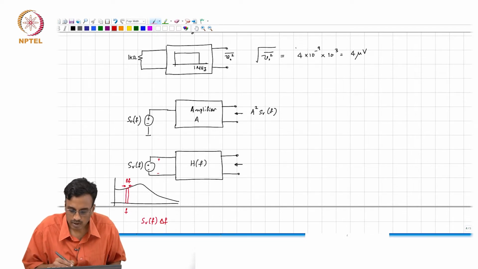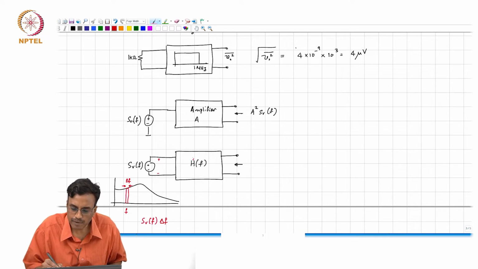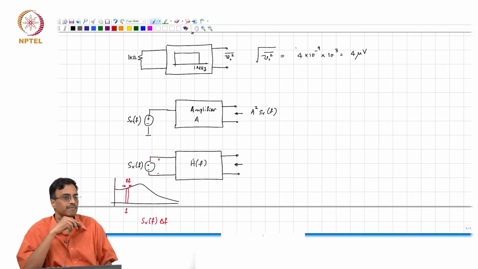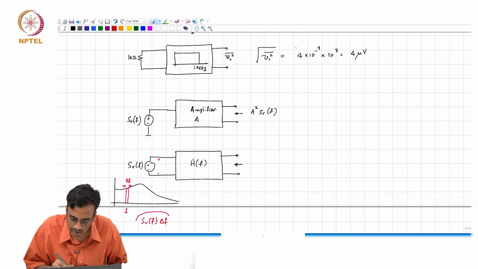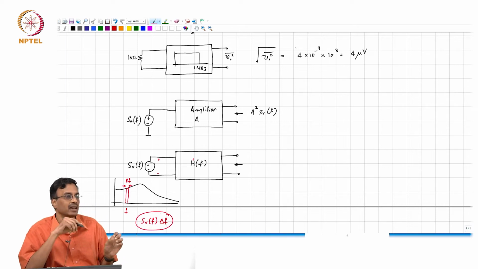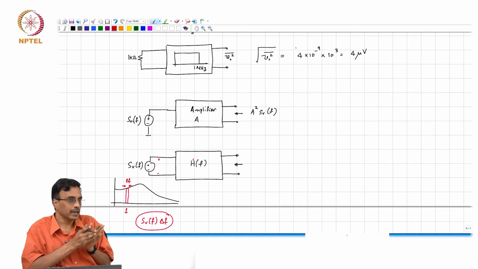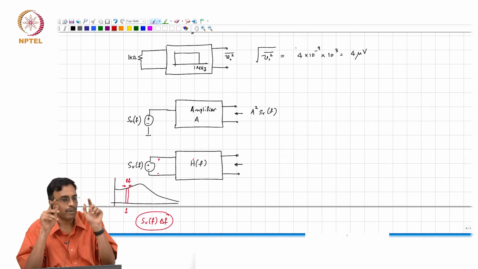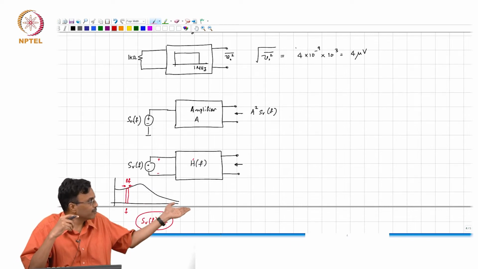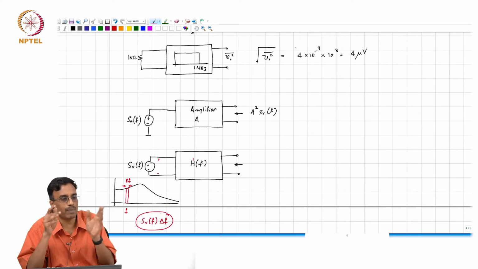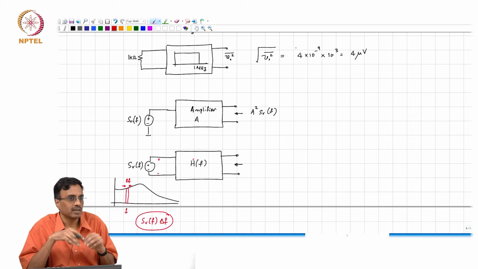Now, what is the gain of the filter at a frequency f? Mod H of f, correct. So, this spectral density is being passed through an amplifier whose gain is dependent on frequency, and at a certain frequency f, the gain of that amplifier is H of f.